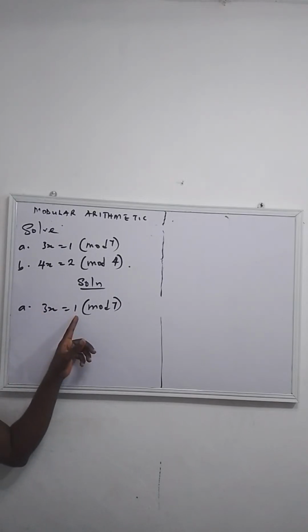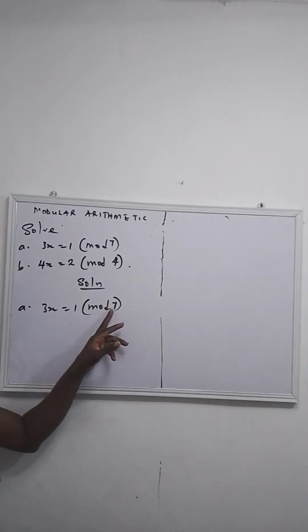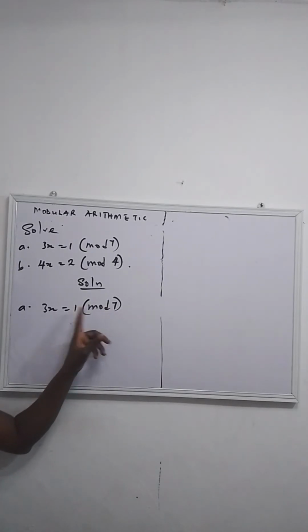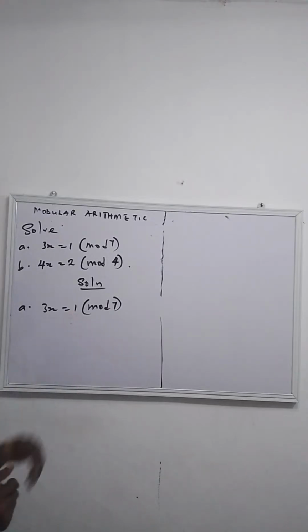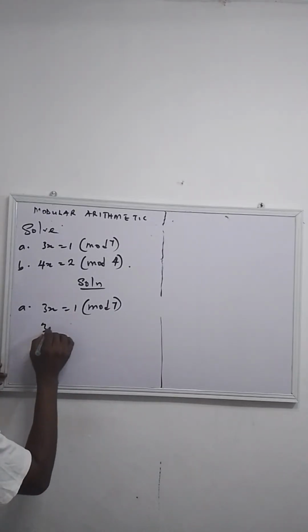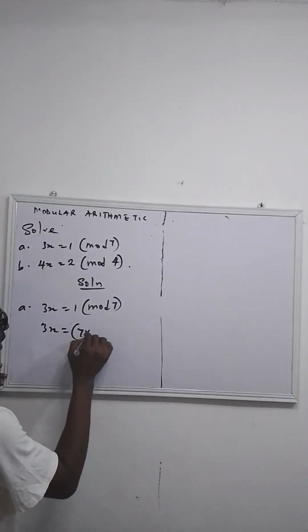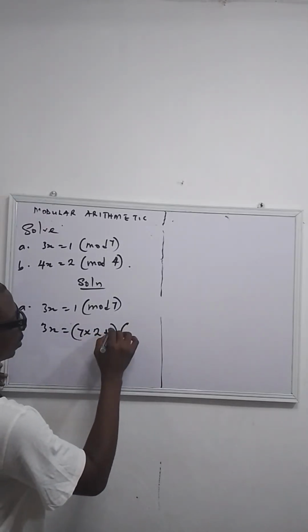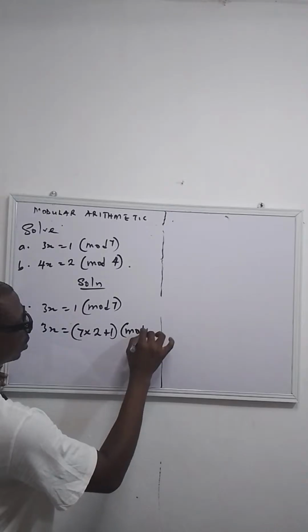Now 3 cannot go in 8. So now I will look at another one, two 7s. Two 7s is 14. Now 14 plus 1, that's 15. So that means that will work. So I have 3x equals 7 times 2 plus 1, mod 7.